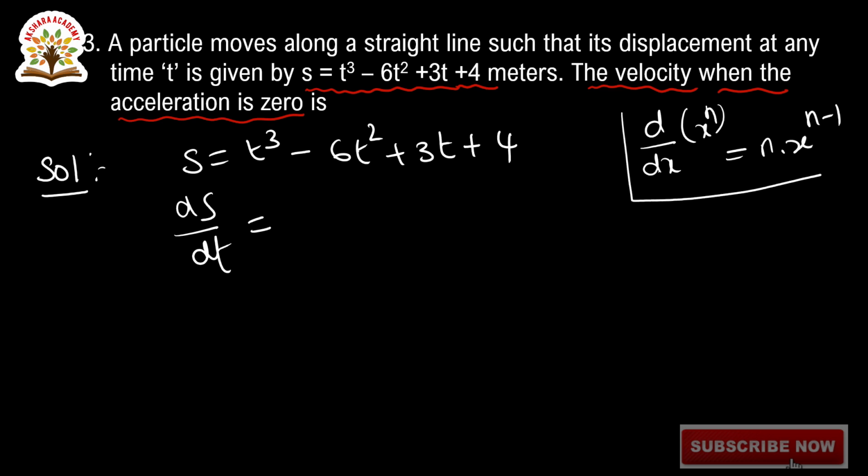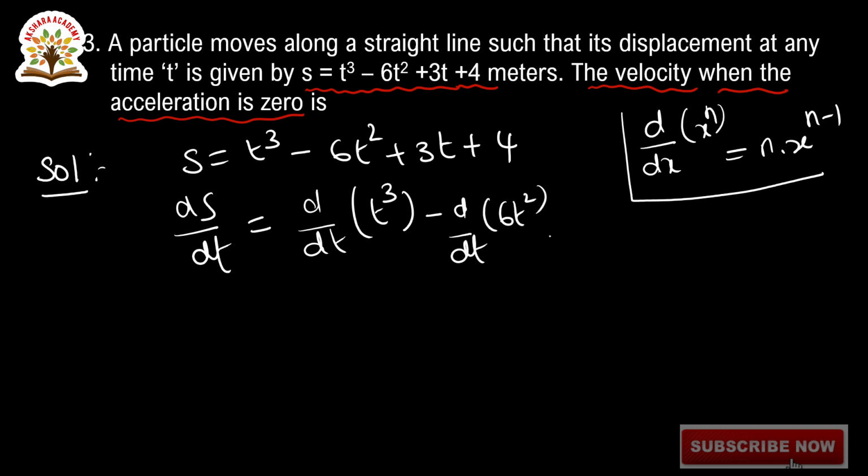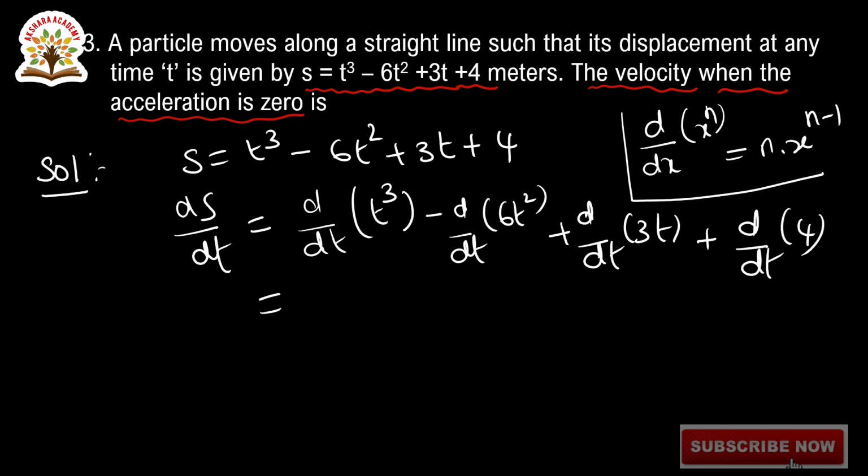This is the formula we are applying here. So d by dt of s is nothing but d by dt of t cube minus d by dt of 6t square plus d by dt of 3t plus d by dt of 4. Okay. So here d by dx of x power n is equal to n into x power n minus 1.